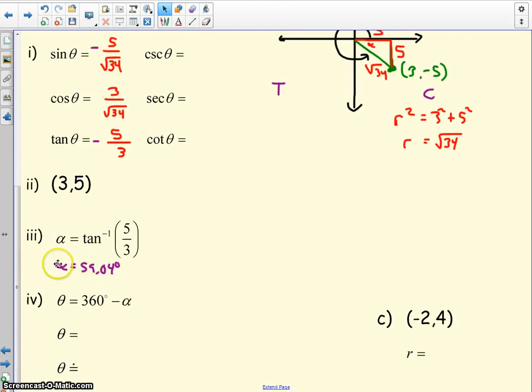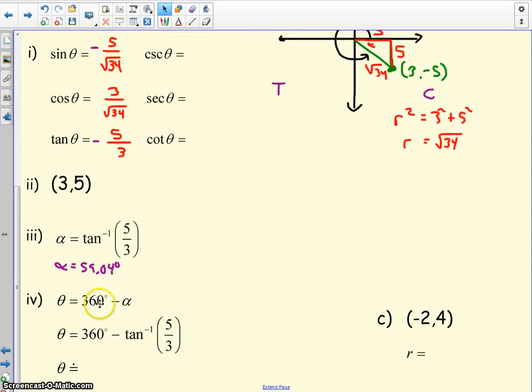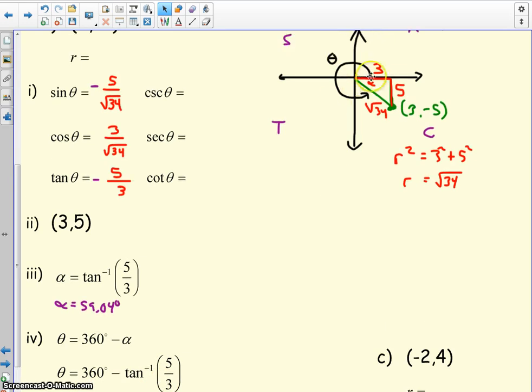Once we figure out what alpha is from part 3, you can use the expression there, or since we want the answer rounded to 2 decimal places anyway, you can put in the 59.04 degrees we already calculated: 360 degrees minus what we calculated for alpha in part 3, and then we can find the value of that angle. So all that work was to find the value of that angle that went from the positive x-axis all the way to the terminal arm.